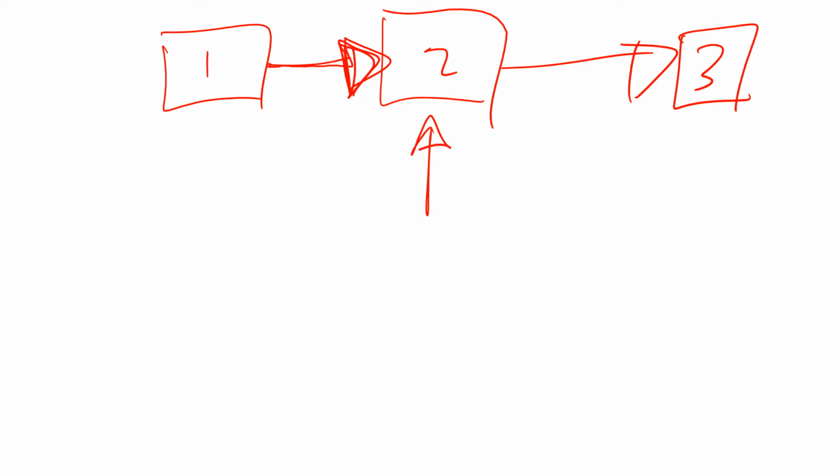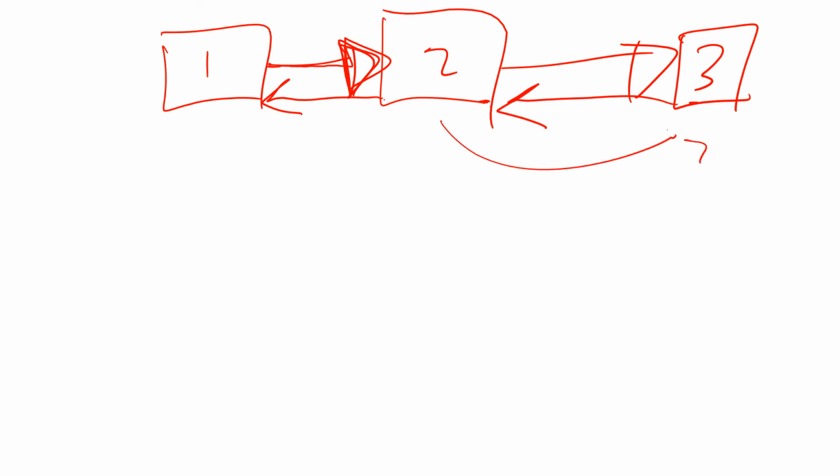I only know how to get to 3. I don't know how to get to 1. If I wanted to get to 1, I'd have to traverse, or I have to go back to the head, right? But if I add extra links in, I have more degrees of freedom. Now if I'm at node 2, I can get to node 3. I could do that before, but I could also now get back to node 1 where I came from, okay?